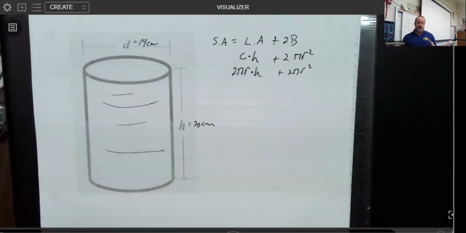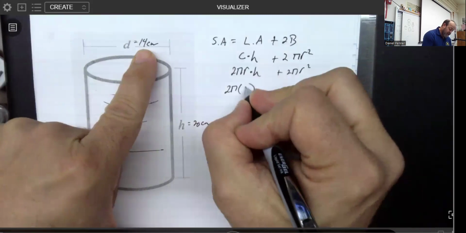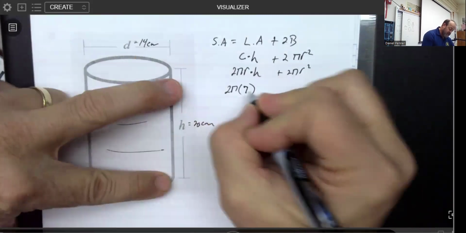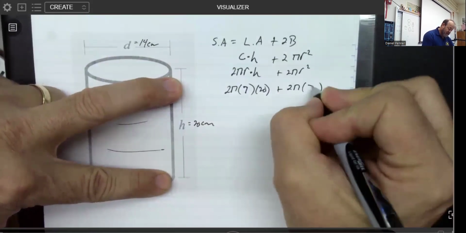But it's not really magic. It's just literally building blocks that we've actually studied in other circumstances. But just be careful because sometimes in problems we hand you a diameter, sometimes we hand you a radius, and this time I gave you a diameter. So it would be 2 times pi times the radius, which is 7, and the height, which is 20, and then 2 pi times 7 squared.